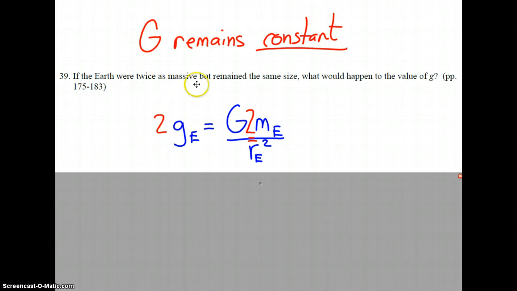Here they're doubling the mass of the earth. So they're increasing the mass of the earth by a factor of 2. What would this do to little g? Well, little g is the product of big G me over re squared. So by doubling the mass of the earth, you would double the acceleration due to gravity on the earth. Therefore, we would weigh twice as much.